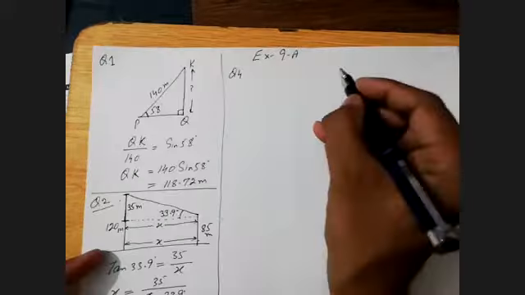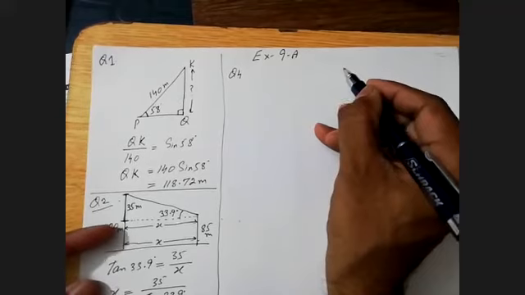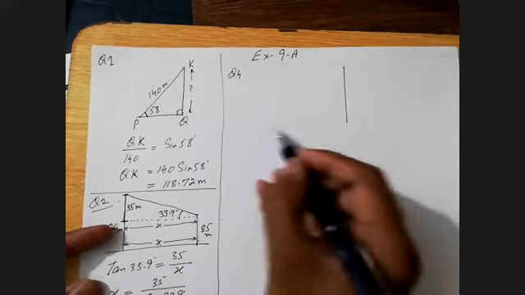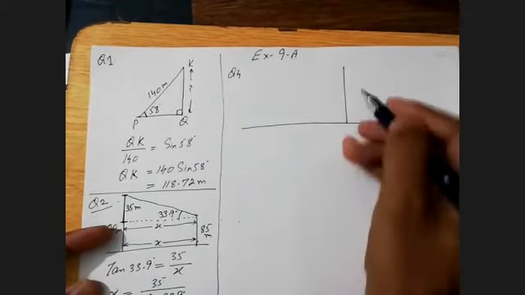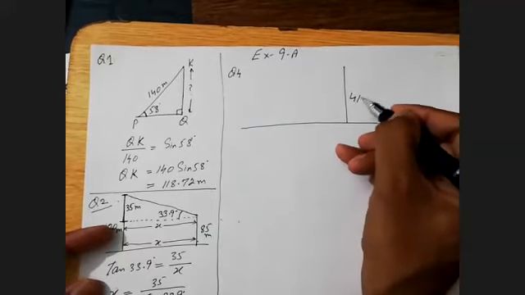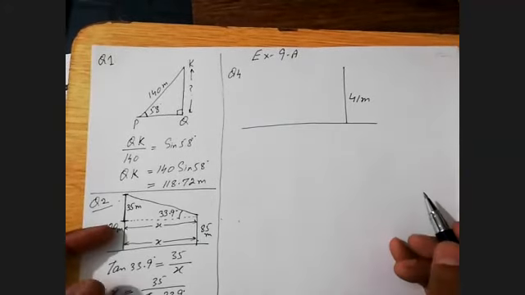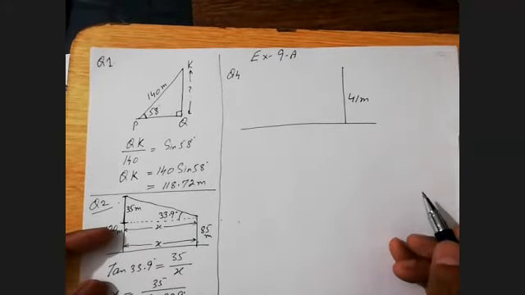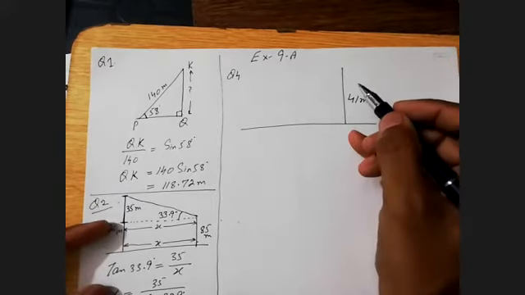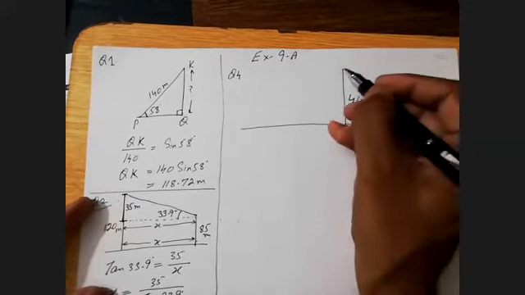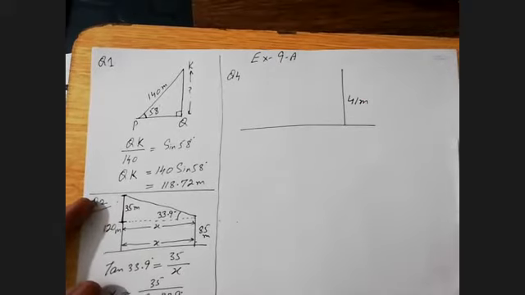It can be 1 meter high. First of all, let me draw the height of the building. This is the ground. This is 41 meter high. Given that the angle of depression of a fire hydrant from the top of the building is 35 degree. Well, this is 35.